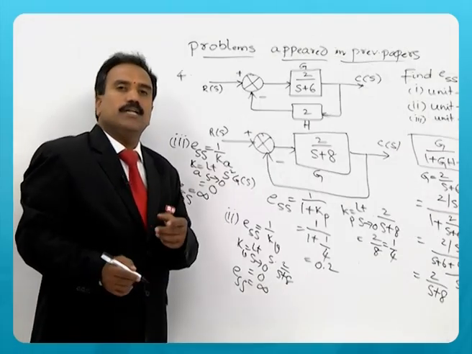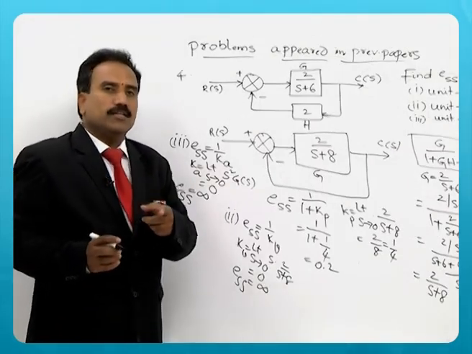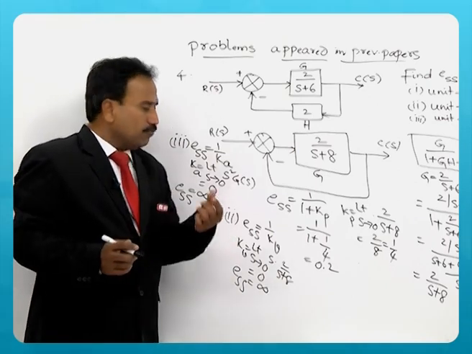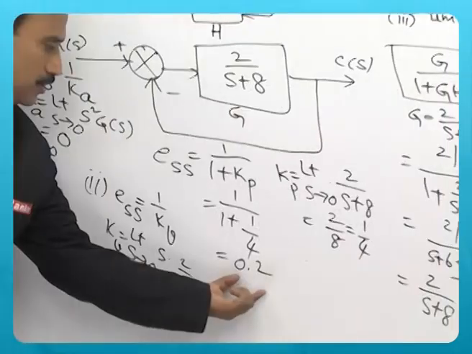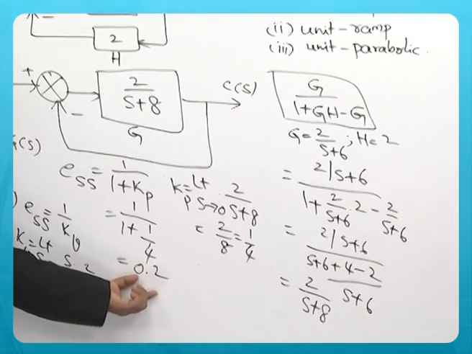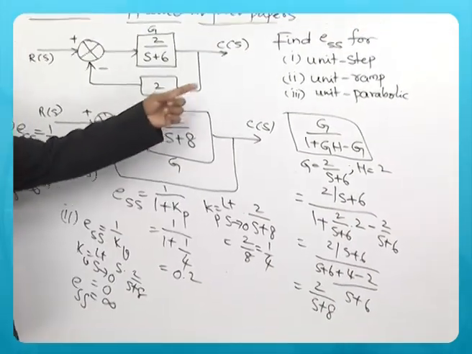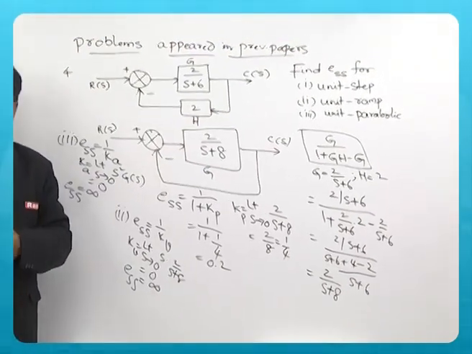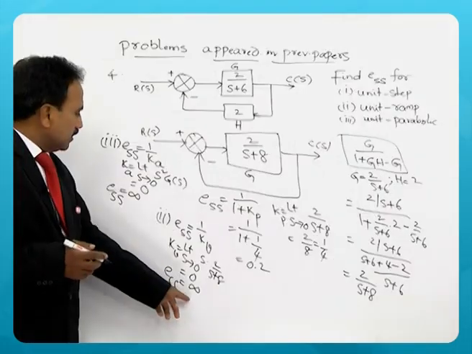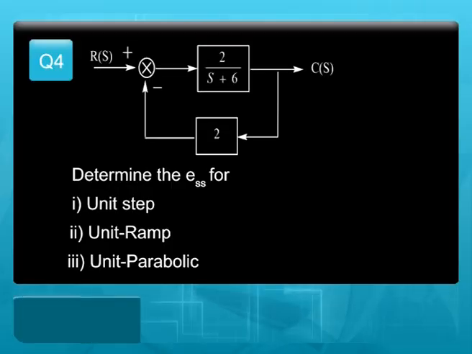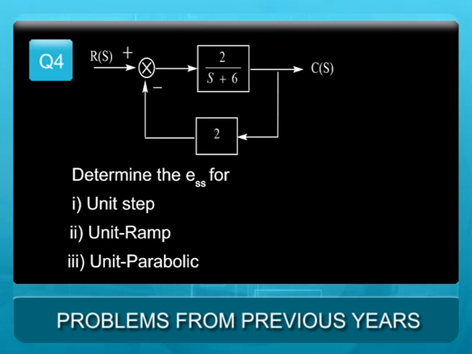Please remember that once you get a steady state error of some finite magnitude, 0.2 for unit step input, for the rest of the inputs, ramp and parabolic, the steady state error will be infinity. This is the way you should remember the steady state error for various inputs.